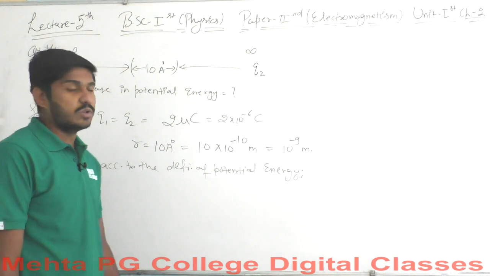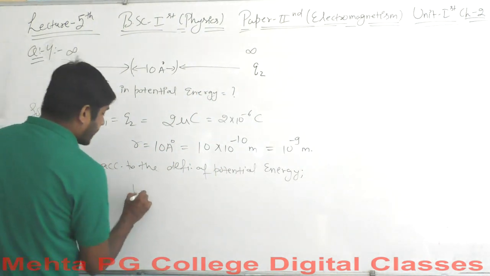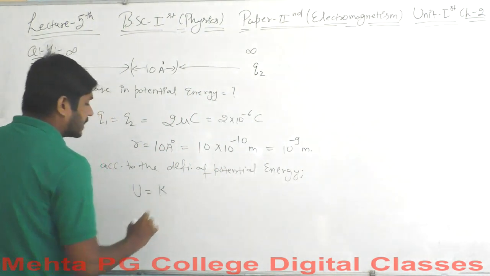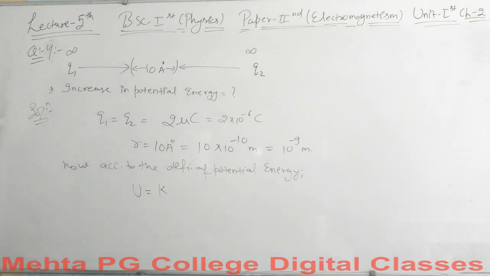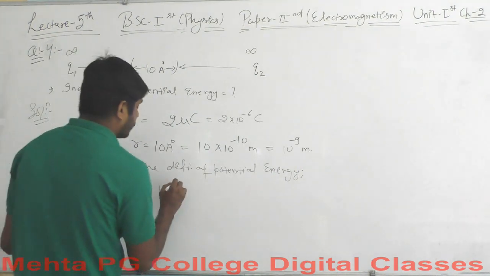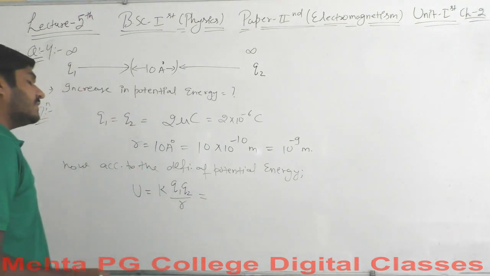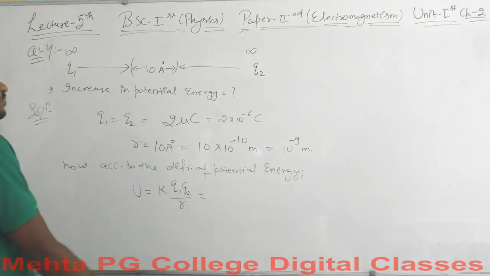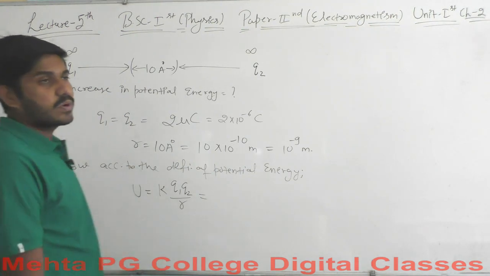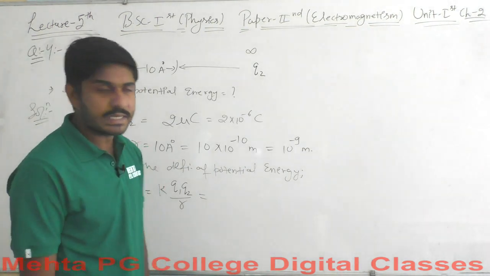The formula is U equals k q1 q2 over r. All the values are given to us, so what are we waiting for, just put in the values and find out the result here.